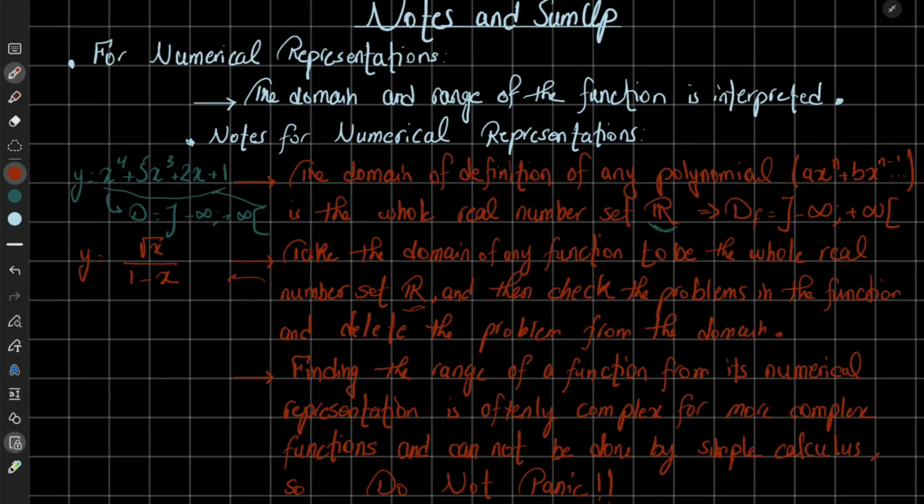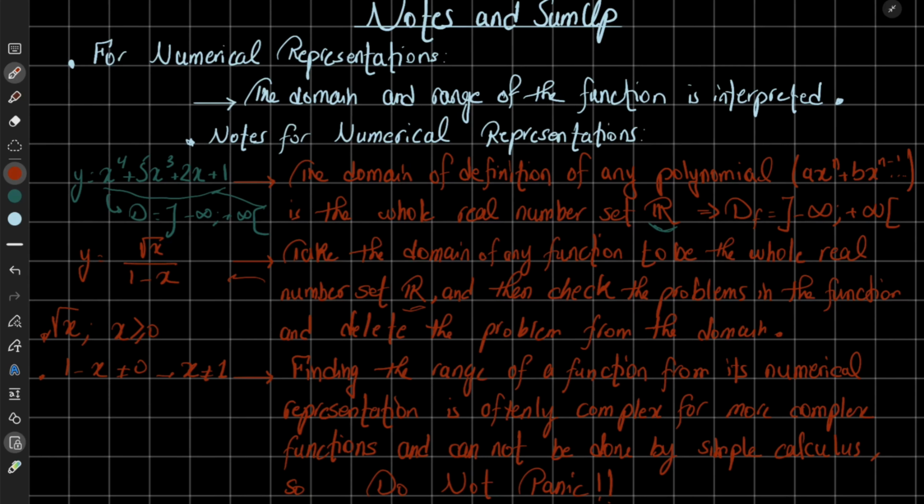So we start with this concept and look for the problems in the function. The problem in the function is, first of all, that we have a radical of x, then x, as we've seen, must be greater than or equal to 0. This is the first condition. And the second condition is that 1 minus x should not be equal to 0, then x should not be equal to 1.